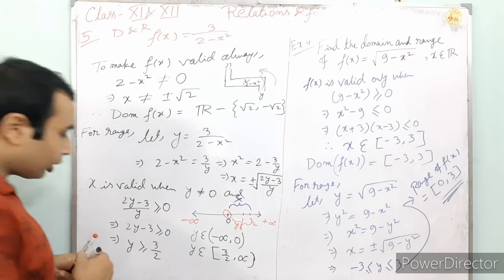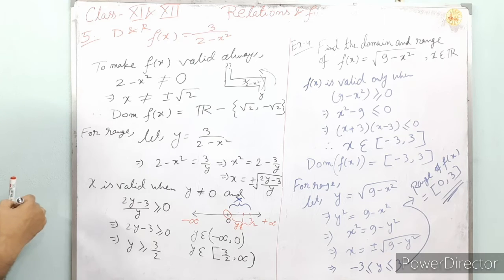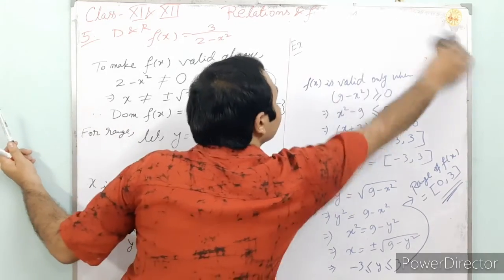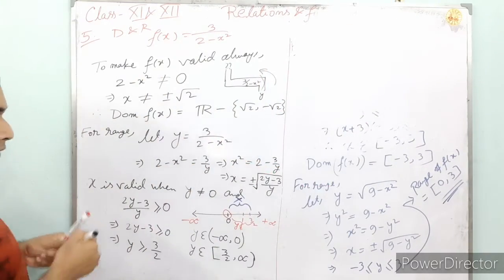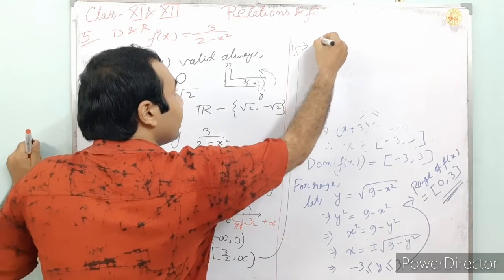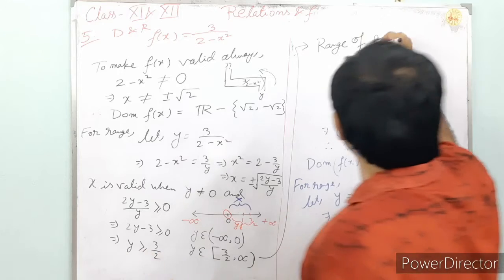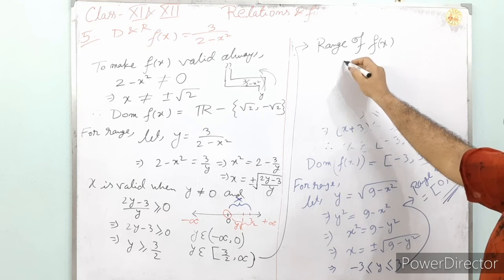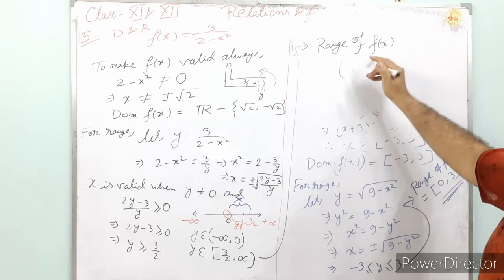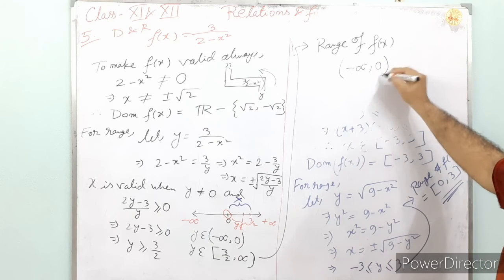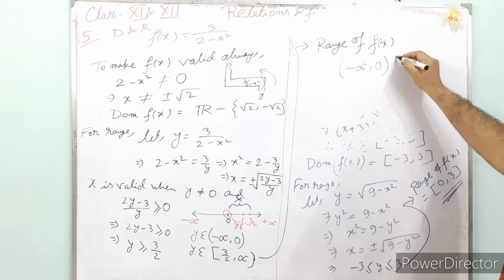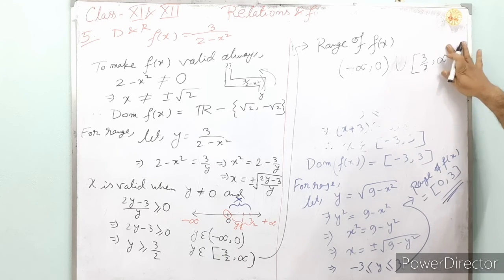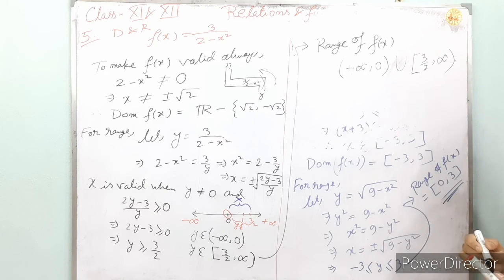So the total range, I am writing here, the range of f(x) is minus infinity to 0 union 3 by 2 to infinity. This is the range of f(x).